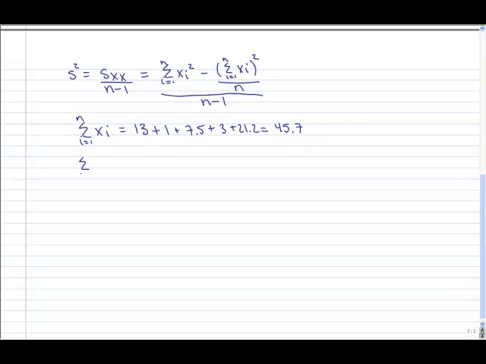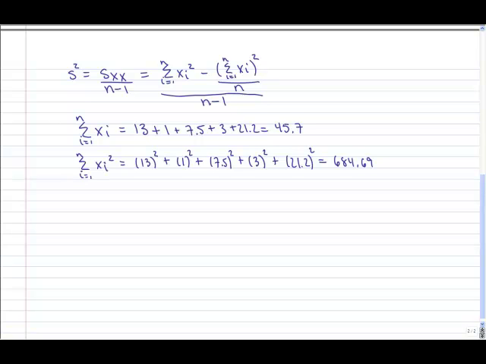Now the sum from i equals 1 to n of all of your values squared would be 13 squared plus 1 squared plus 7.5 squared plus 3 squared plus 21.2 squared. Now that would work out to 684.69.